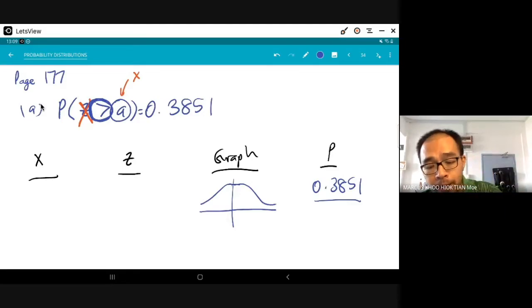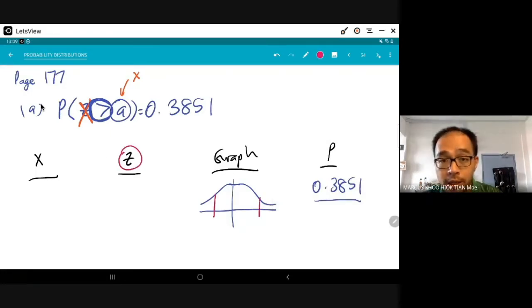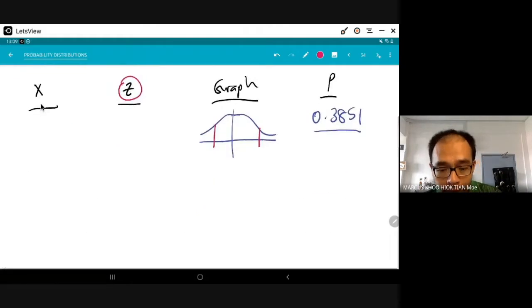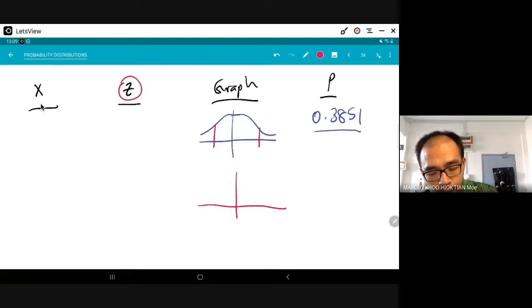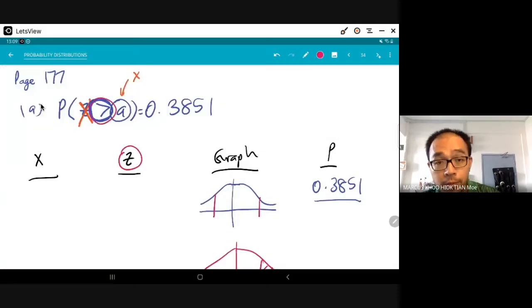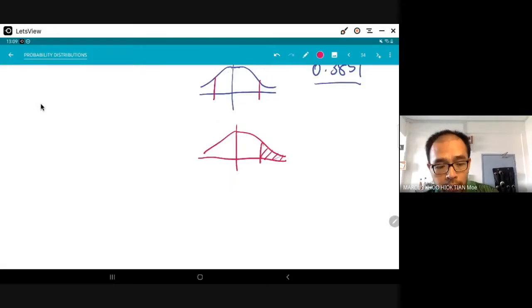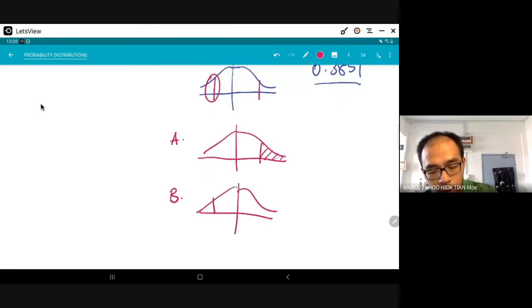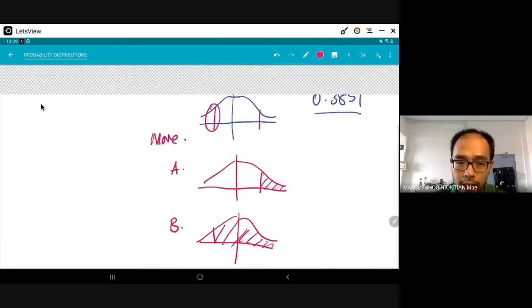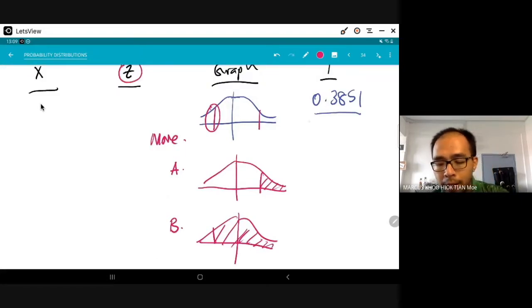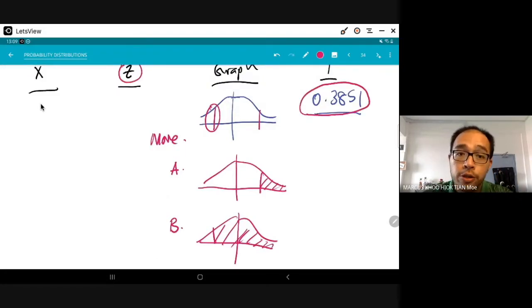I want to know whether my Z number is on this side or on this side. So let's experiment. If I put the line over here, since it wants more, it will look like this. This is option A. This is option B, if my line is over here. Since the question is more than, tell me between situation A and situation B, which one reflects the probability of 0.3851?